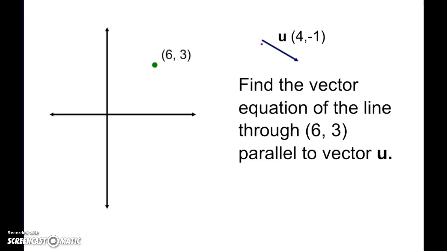Okay, so since it's a vector equation, it's called a vector-valued function. Everything's a vector. Here's how you do it. If I want to make a line that goes through 6, 3, the first thing I got to do is start at 0 and make myself a vector that goes to 6, 3.